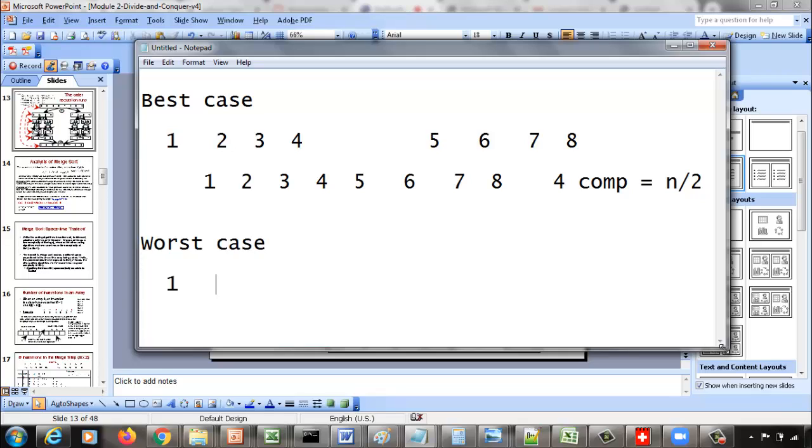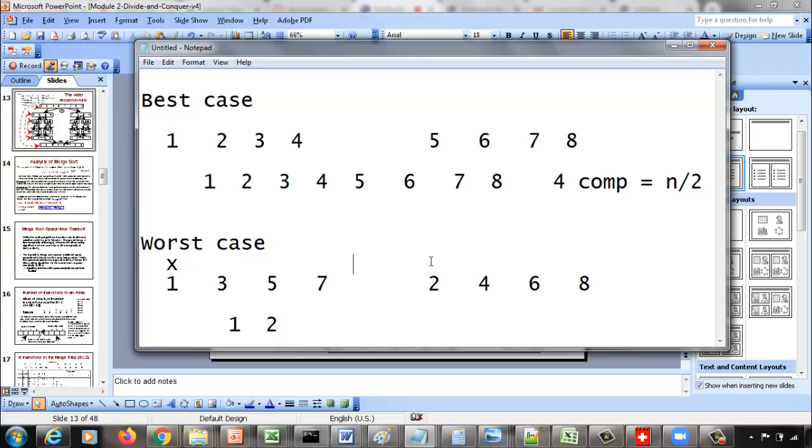Now the worst case scenario would be if you have to do more than this, which will correspond to the two sorted subarrays being something like this. So if you think about merging these two sorted subarrays, what we'll be doing is comparing 1 with 2, 1 is smaller, so that is one comparison, and then compare 3 with 2, 2 is smaller, so write down 2, and that is another comparison.